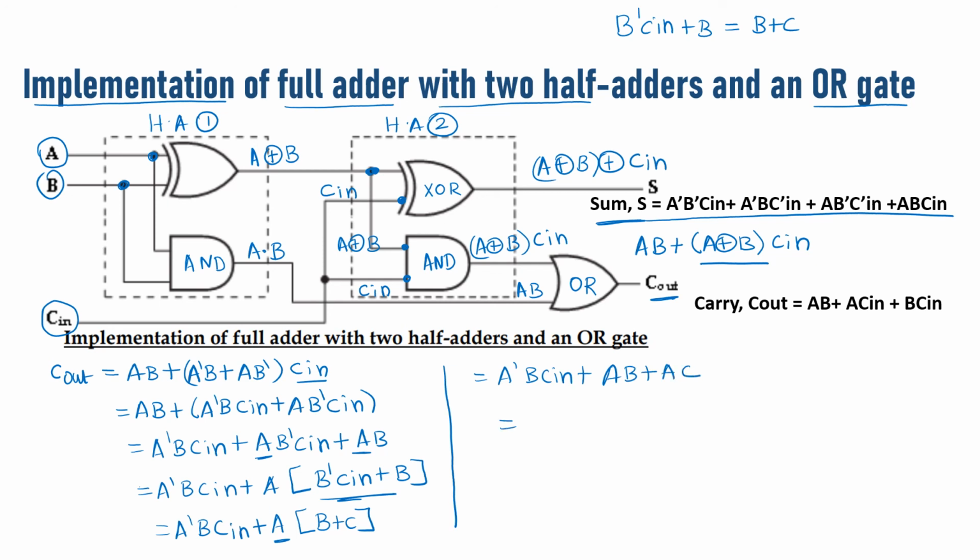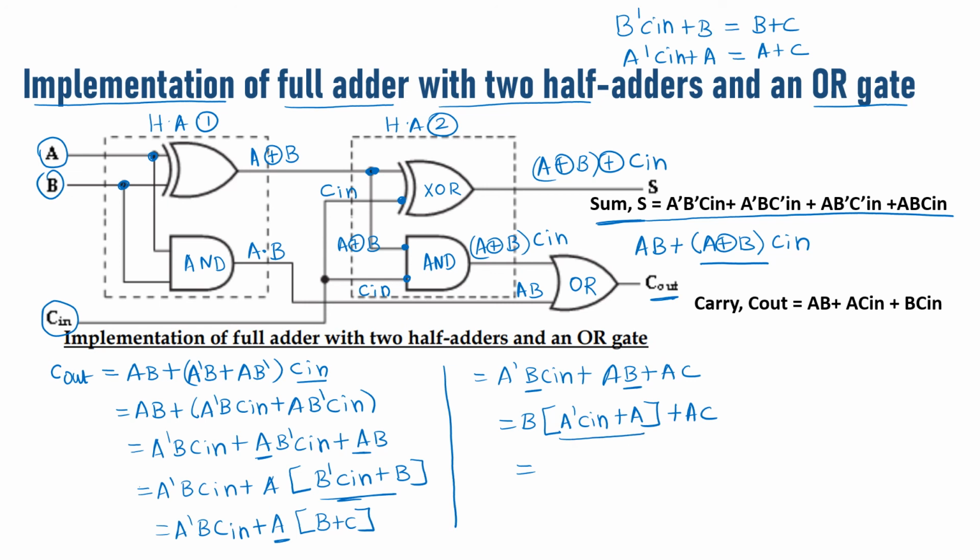So further in this I am taking B as a common. If I take B as a common, I will get A dash C in plus A, plus AC in. Again this A dash C in plus A I can rewrite in the form of A plus C in.